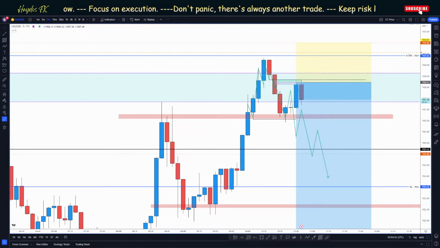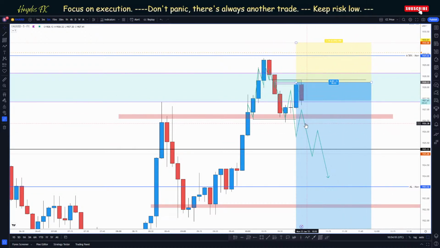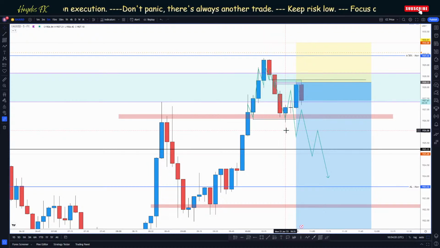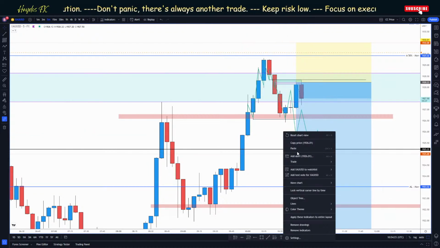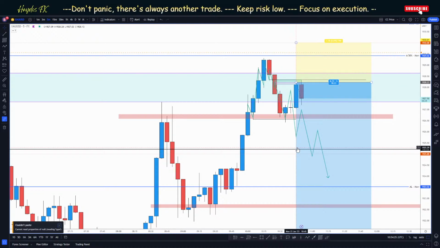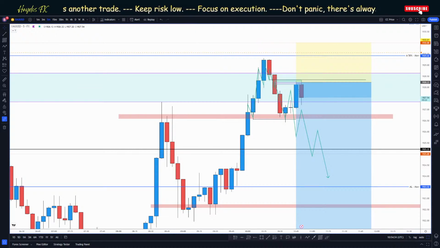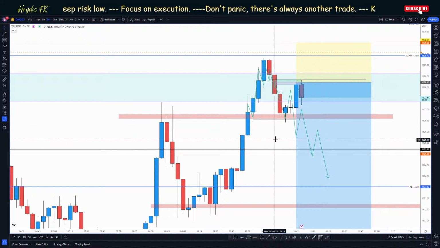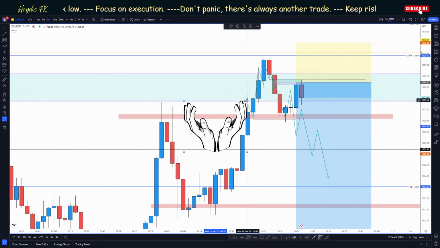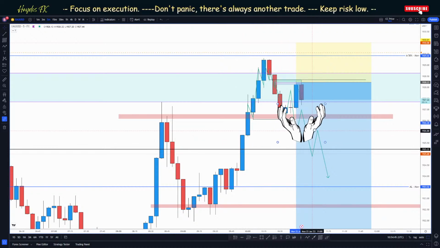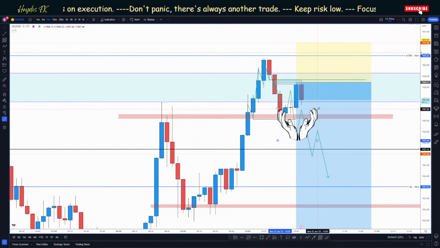H4 still up, yeah. So just put it very gentle hands is holding it.